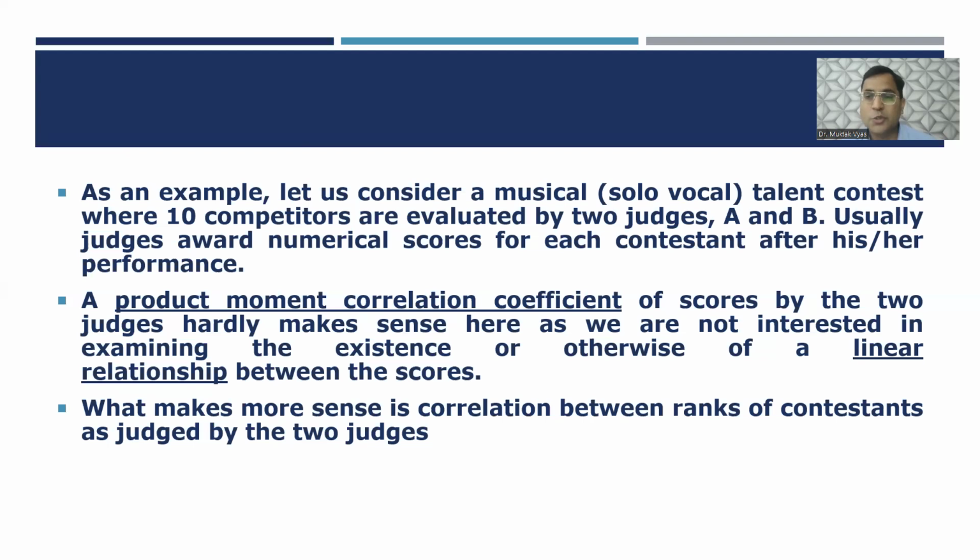What makes more sense is the correlation between ranks of contestants as judged by the 2 judges. So we have to see whether their thinking pattern matches or does not match.